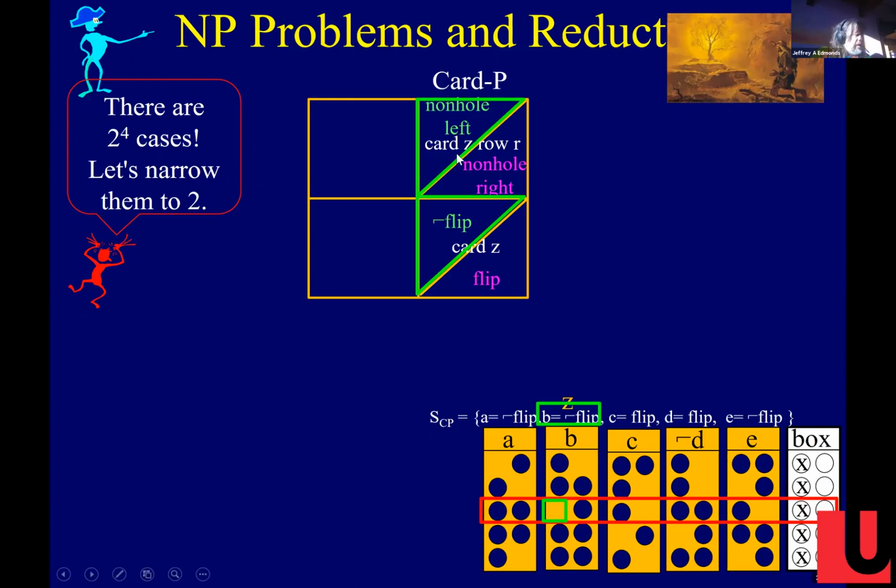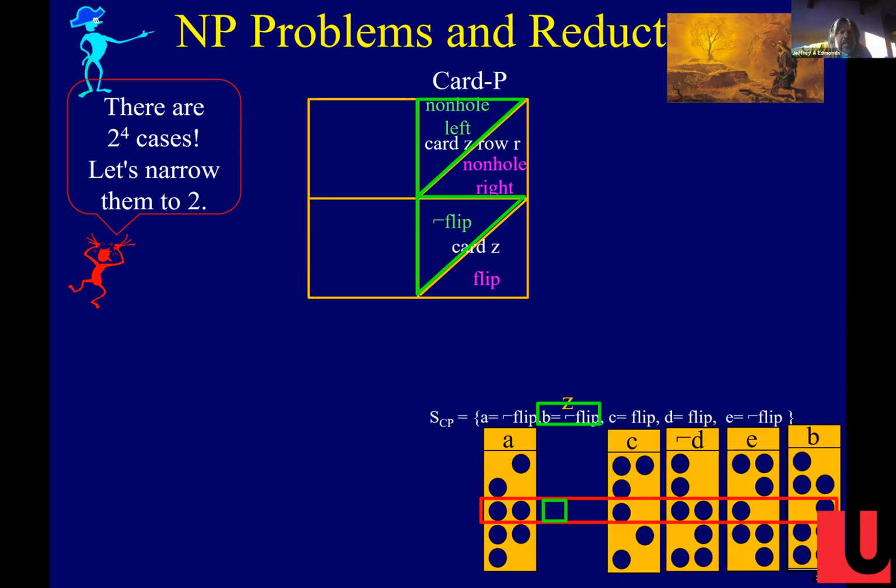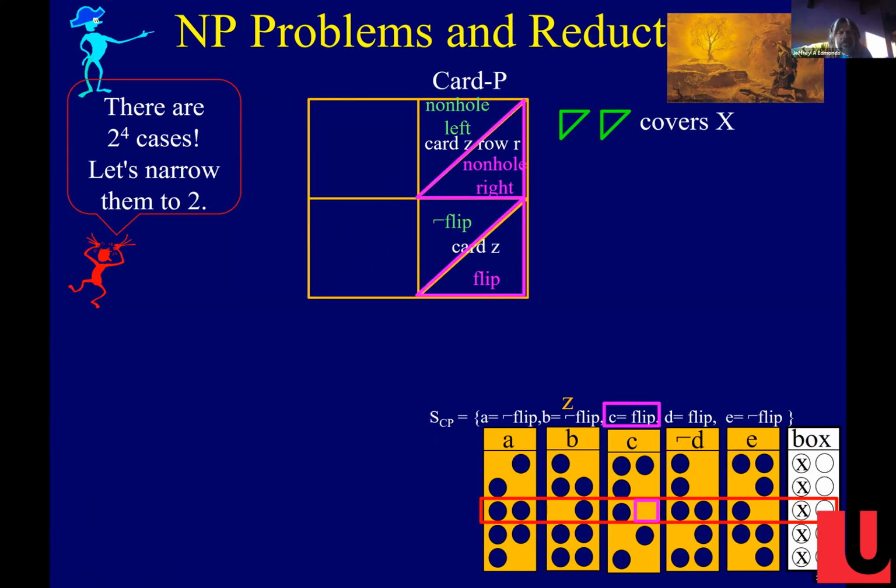Here's one case. Suppose the card has a non-hole in the left and we don't flip the card. So here's an example, card B: we didn't flip it and it has a non-hole in the left. What does that tell us? Oh, look, it covers the X. So in this case where we have top green, that covers the X. Let's look at another case.